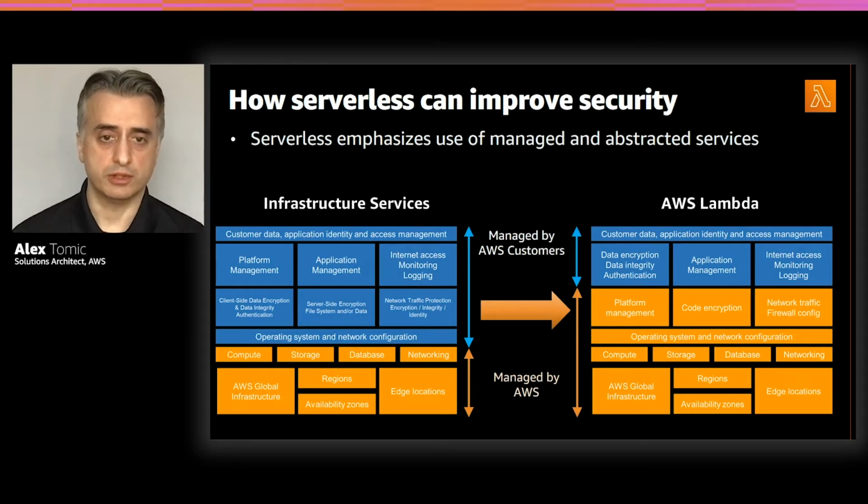More of the components become AWS responsibility, and less security work has to be done by you. Serverless architecture allows you to offload that undifferentiated heavy lifting in security to AWS, while you focus on security components that are truly specific to your application.